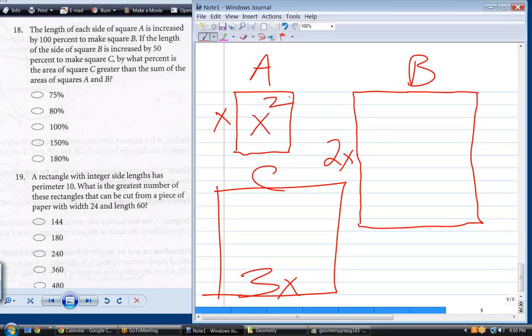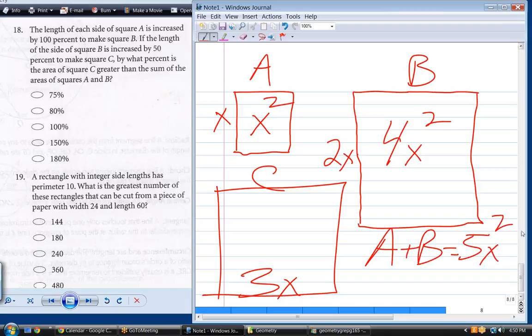What's the area of square B? 4x squared. Add those together, so A plus B equals what? 5x squared. What's the area of C? C is 9x squared.